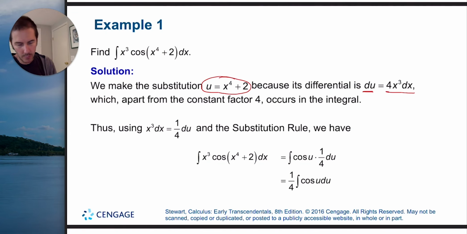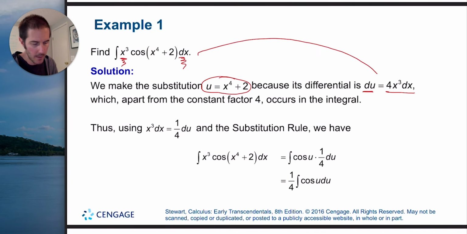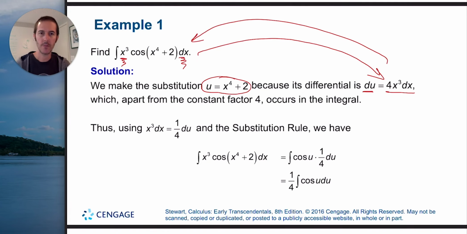Look back up at the original question with me. Notice the x to the third and the dx at the end of it, and then let your eye come back over here and notice the x to the third and the dx. But what you're not seeing is the multiple of 4 in the original question.